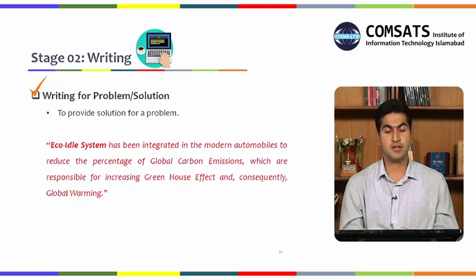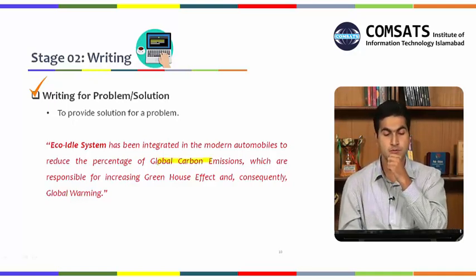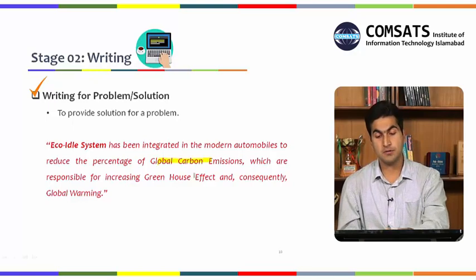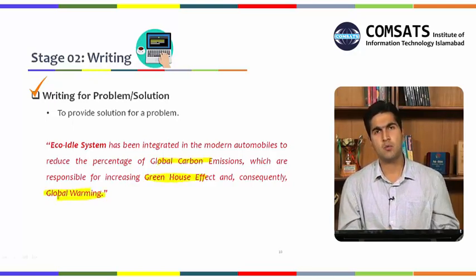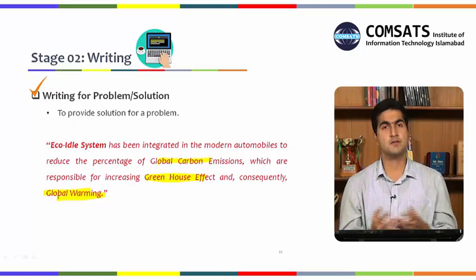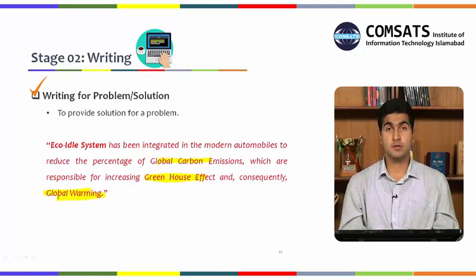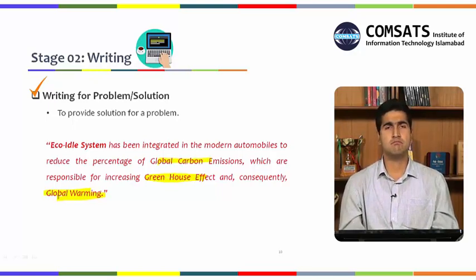The text tells you that the eco-idle system has been integrated within modern automobiles to reduce the percentage of global carbon emissions, which are responsible for the greenhouse effect and consequently global warming. We are well aware of the concept of global warming, the way it's affecting things, the way you experience it. If you look at the global news, the world media is highlighting on a daily basis that some new hurricane is coming.